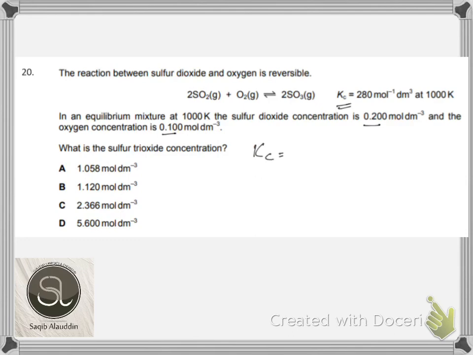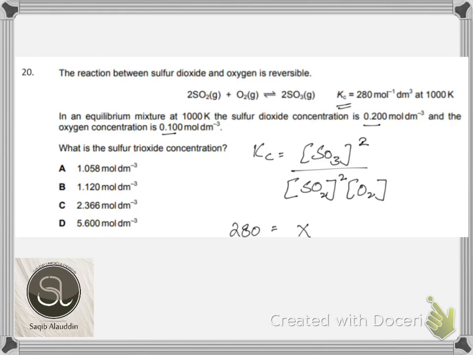Remember the expression for Kc: concentration of sulfur trioxide square over concentration of SO2 square times concentration of O2. I'm not writing the states here, but it's obvious all three are gases. So the value of Kc in this question is 280.